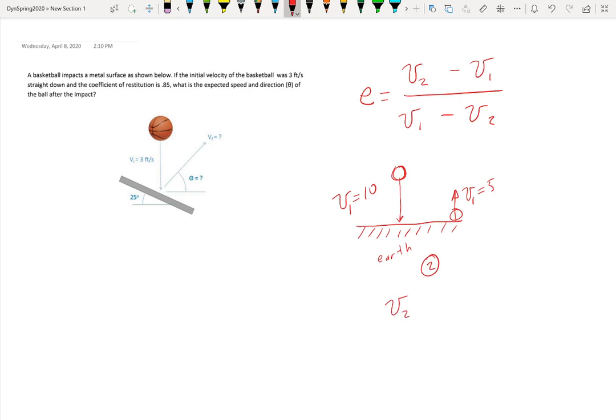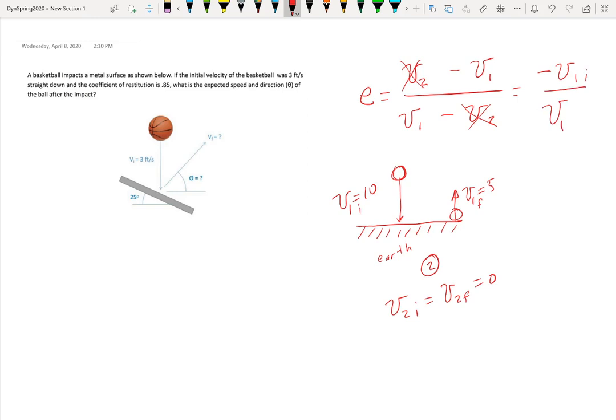So velocity 2 initial is equal to velocity 2 final equals nothing. Now the question is, this is the initial and that's the final, so which one goes on top? First of all, the Earth's velocity doesn't change. So you end up with minus v1 over v1.